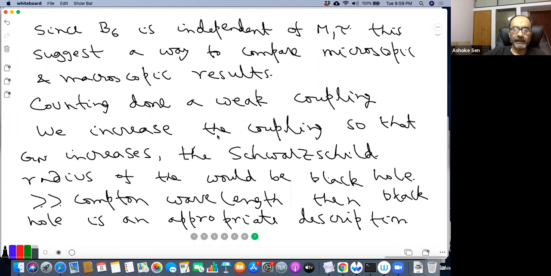So we compute B6 by working at weak coupling, and then we go to strong enough coupling so that the black hole description is valid. And so now we can compare log of mod B6 with the Bekenstein-Hawking entropy plus corrections.